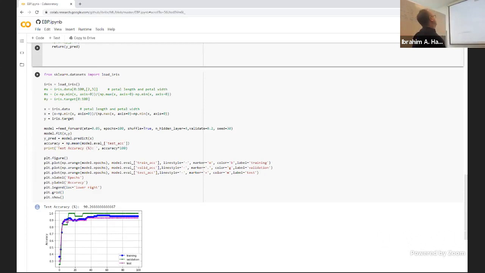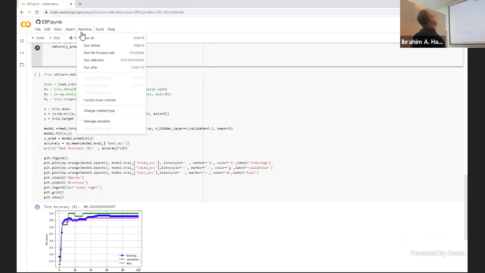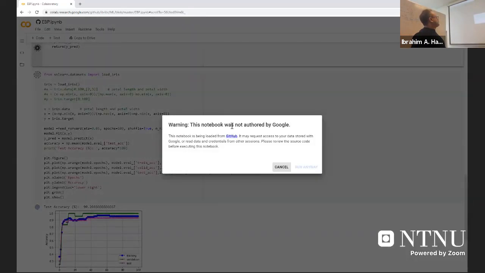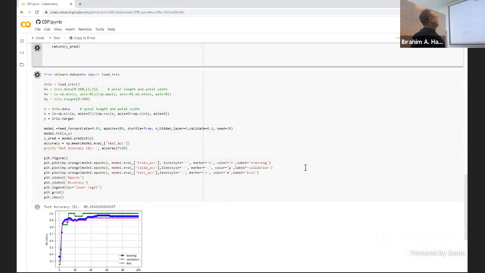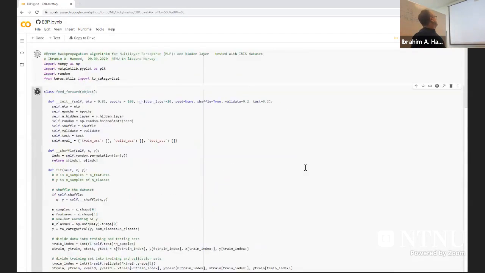So if you want to run it, you can go to this option and you can just try to make some changes. Make it for batch gradient, mini batch gradient, add momentum term, for example. So you can just make it more.